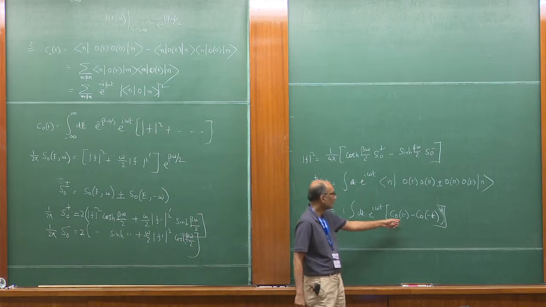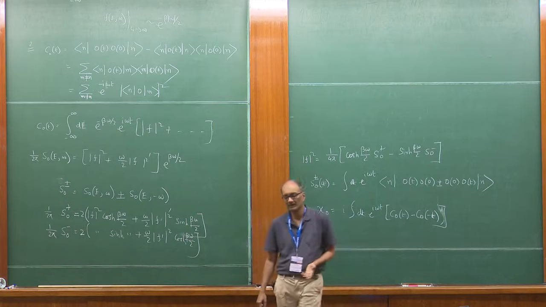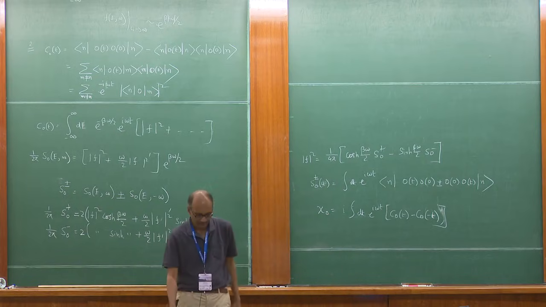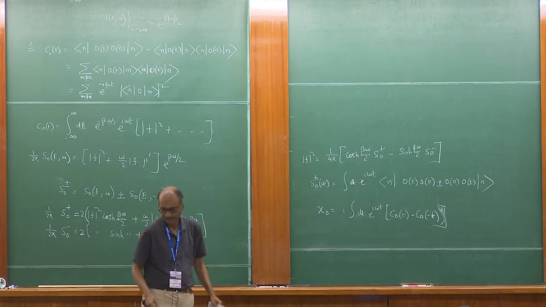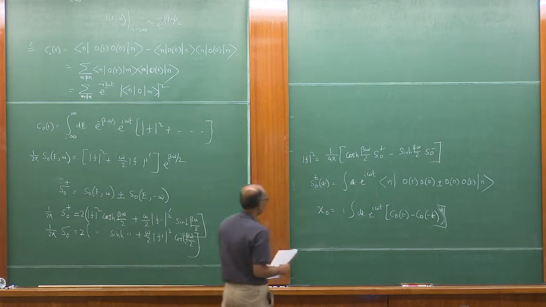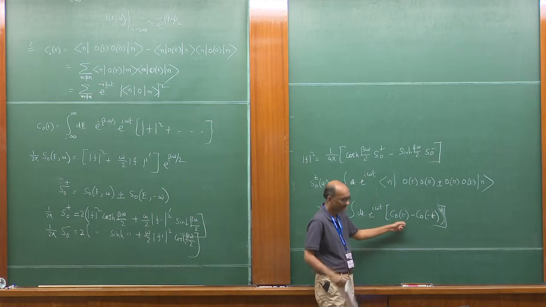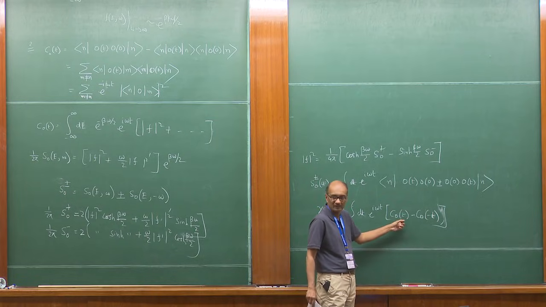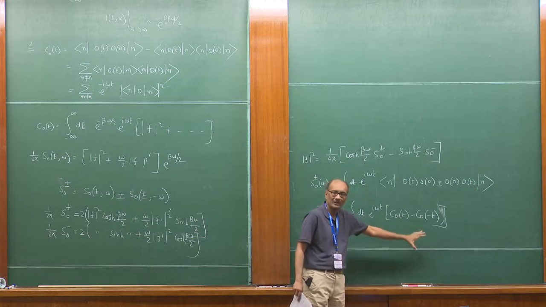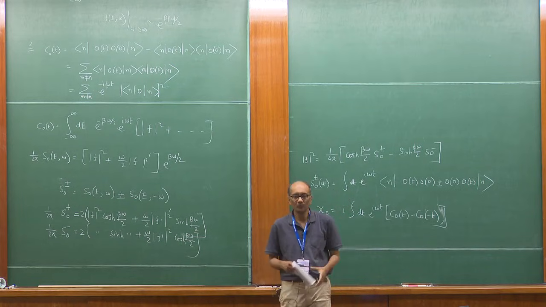Now I can substitute this C naught t, etc., everything here, because I already know what this C naught t is, in terms of f's and stuff like that. So the first term is going to have e to the power I nu t, and the second term is going to have e to the power minus I nu t, and then I can write this down with two terms.